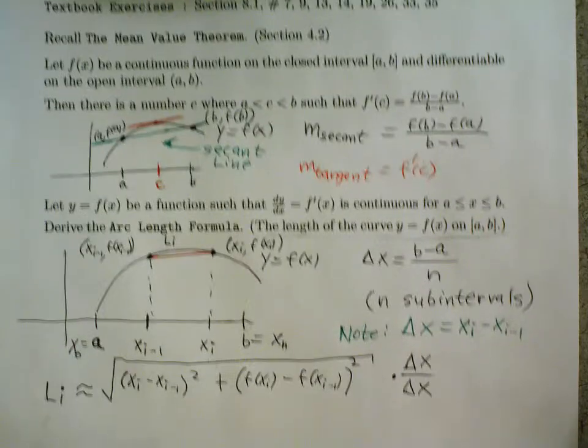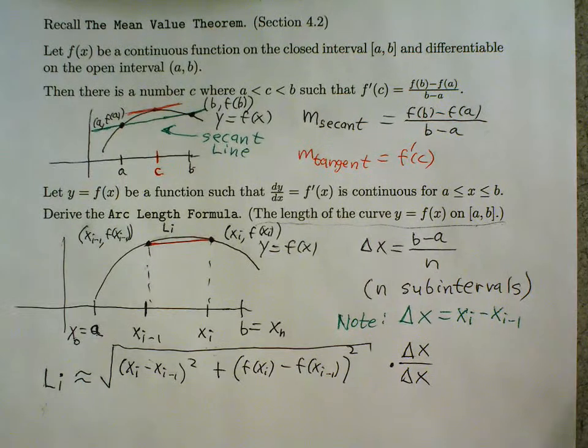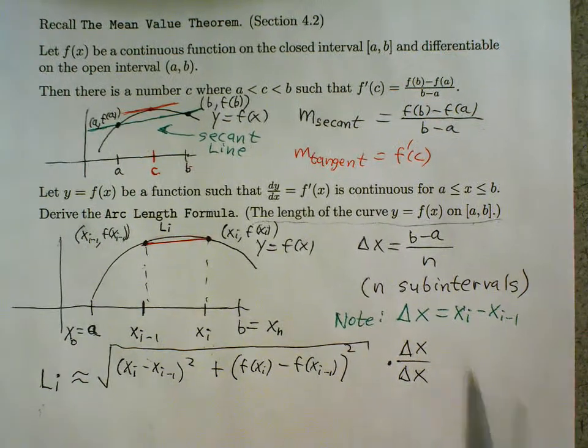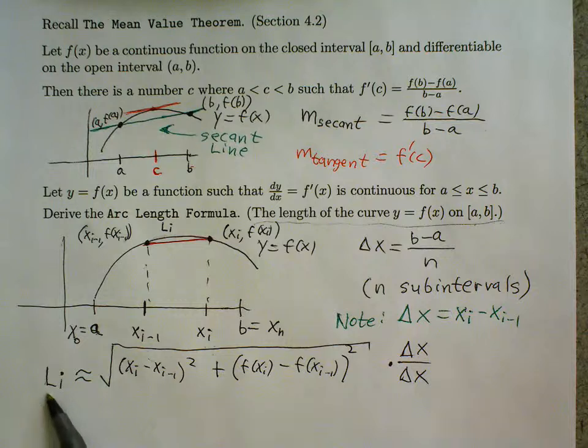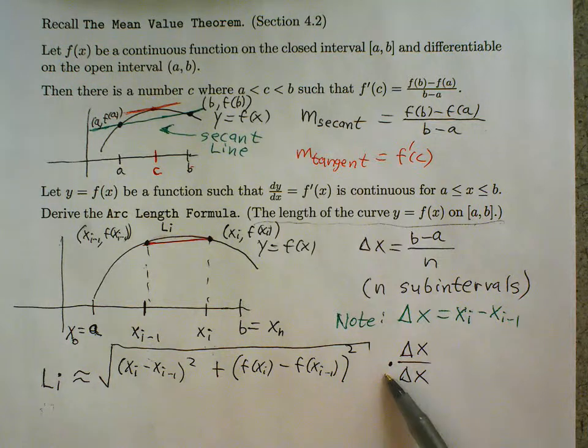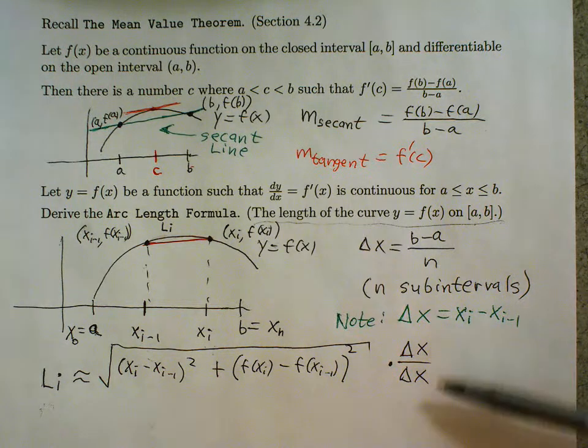We're just multiplying this approximation of the length of the curve using the distance formula by 1 in the form delta x over delta x.